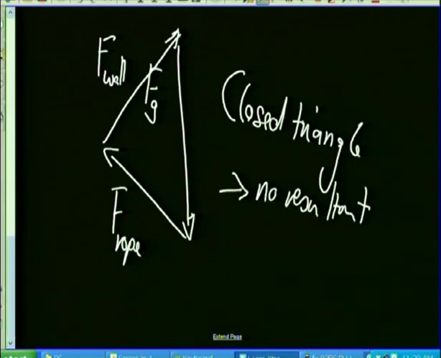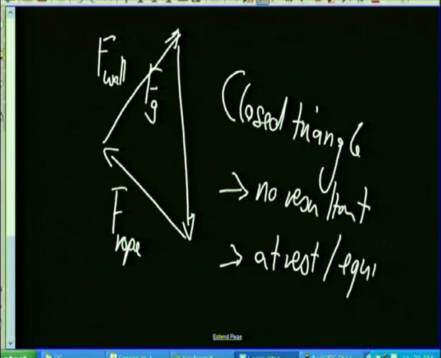It also means that this object is at rest, or we could even say it's in equilibrium. Okay, very important to recognize that there's no resultant, it's in equilibrium. One of the options, in this case, the option was that it's at rest.